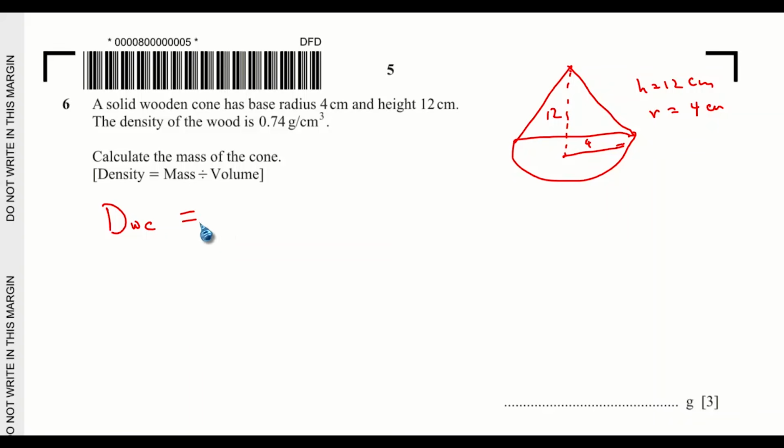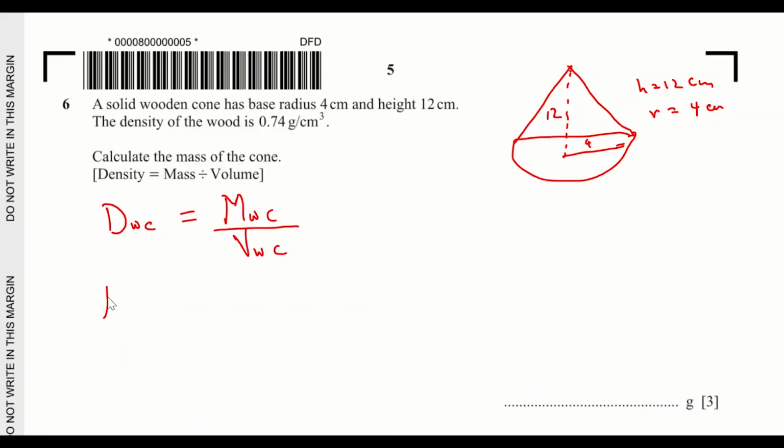So that will be equals to the mass of the wooden cone divided by the volume of the wooden cone. So if you cross multiply, you can make the mass the subject of the formula.